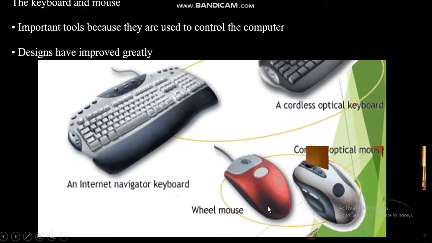We have the wheel mouse, and then we have the cordless optical mouse. Like the keyboard, the optical keyboard does not have any wire, it's just connected using a small chip, or the one that you need to connect with Bluetooth or wirelessly, and you keep using it on your system or your desktop.